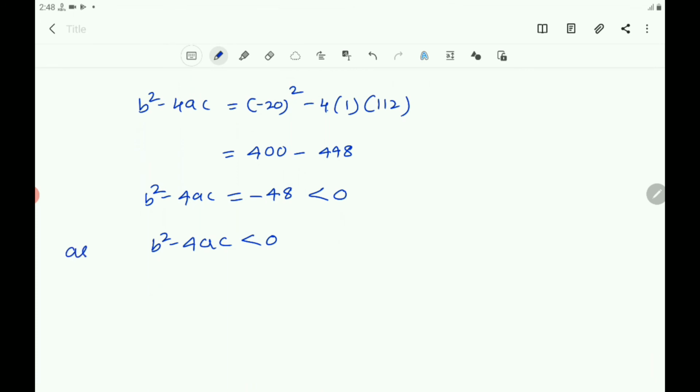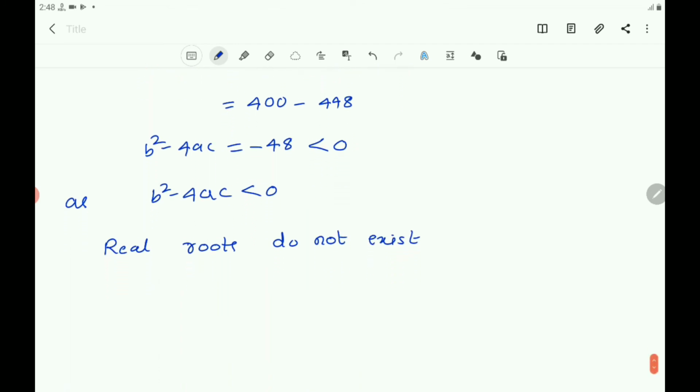As b square minus 4ac is less than 0, you can say that real roots do not exist.